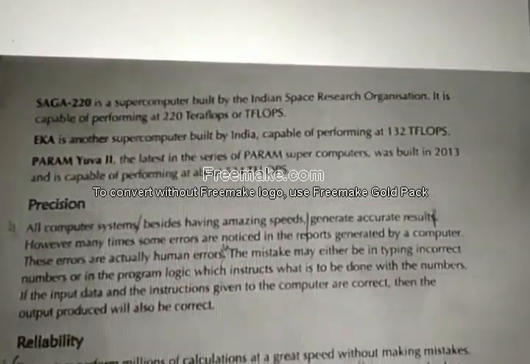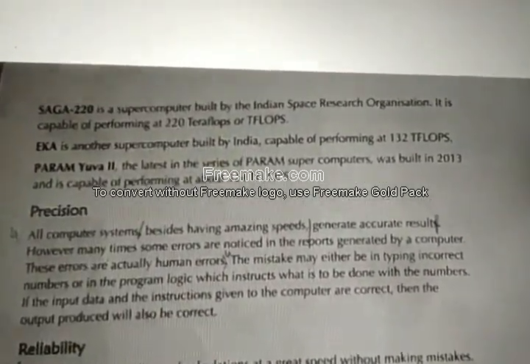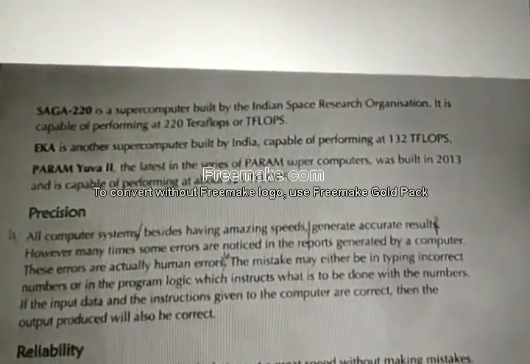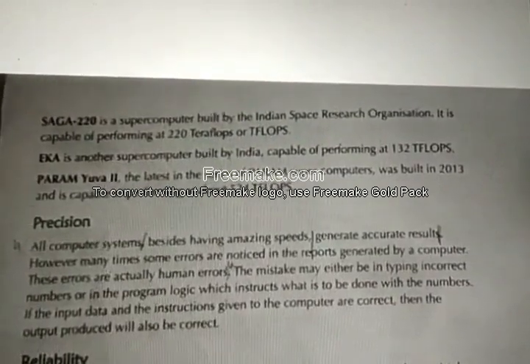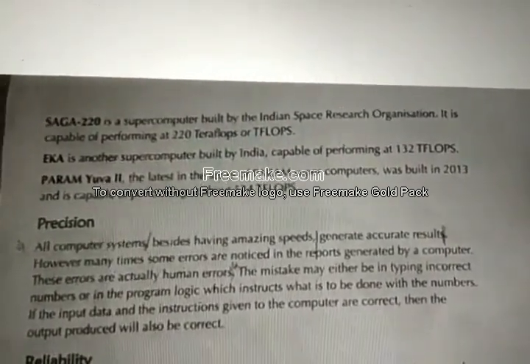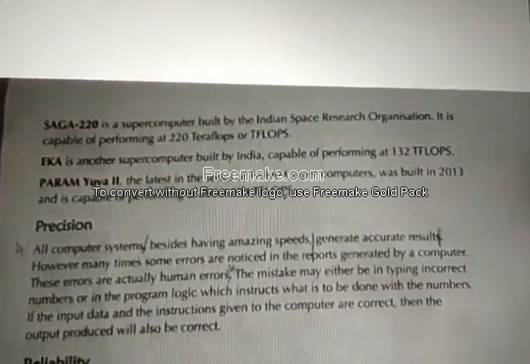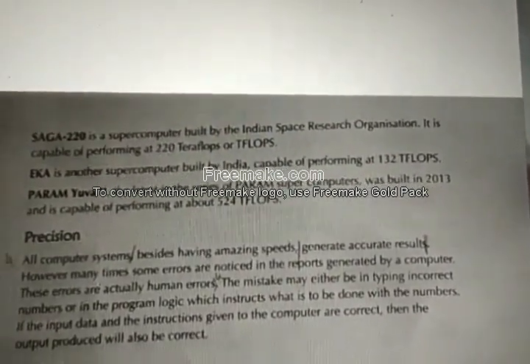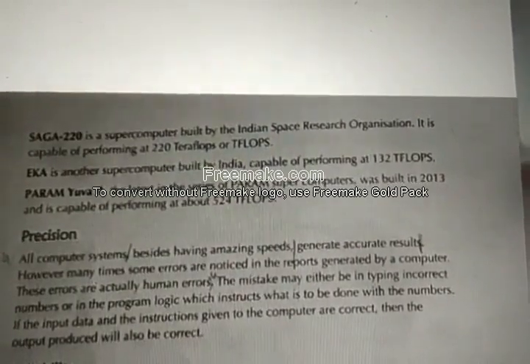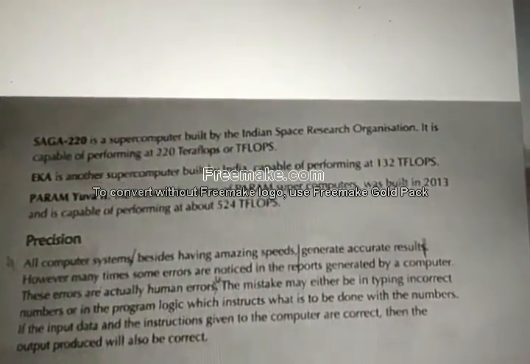So what about the EKA supercomputer? In EKA, the speed is 132 teraflops, whereas Saga 220 is 220 teraflops. EKA is a little slower than that. 132 teraflops per second. 132 billion instructions per second.